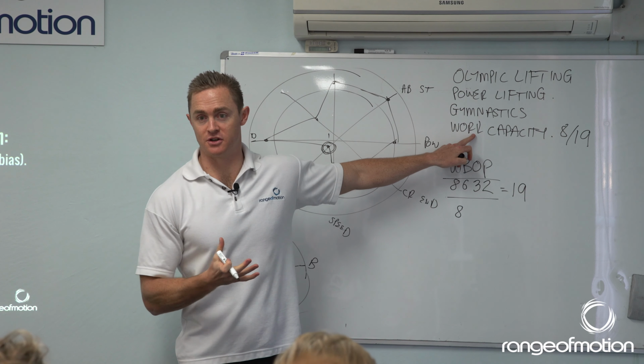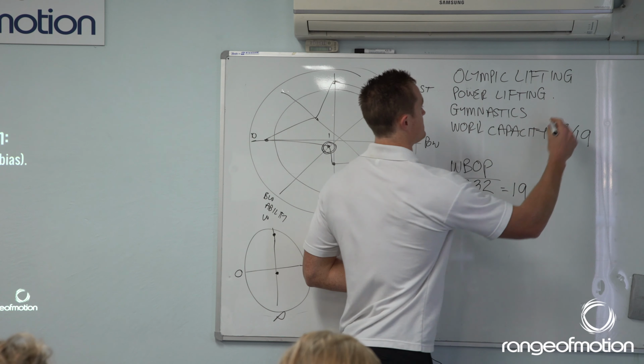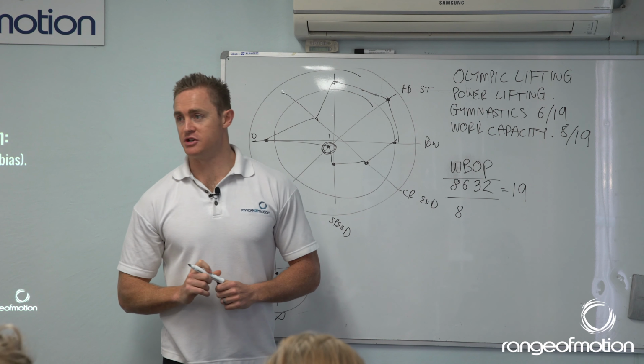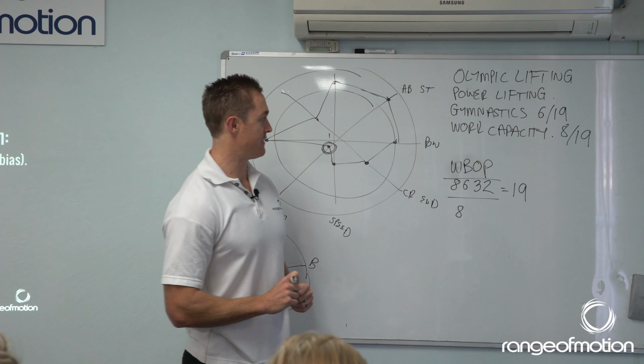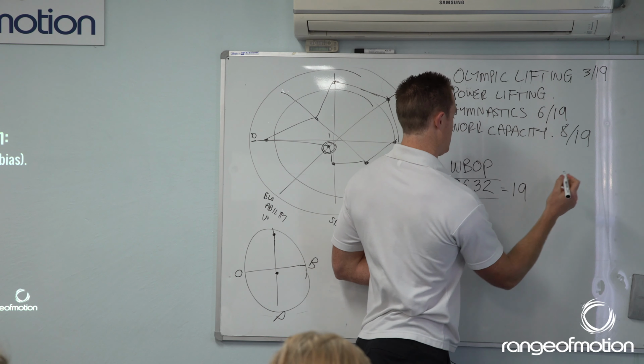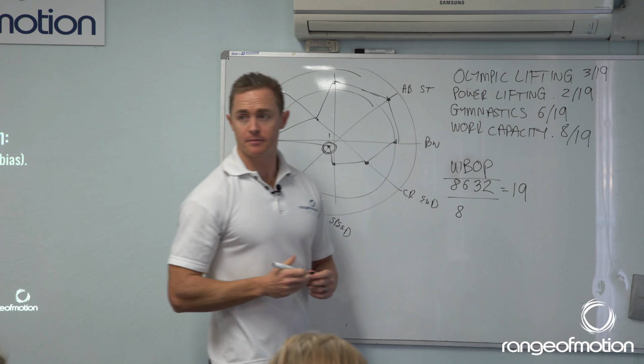See how we're closing the circle? It's starting to come together now. 6 out of 19 sessions should be focused on improving their gymnastic ability, on their body weight stuff. 3 out of 19 sessions on Olympic lifting, and 2 out of 19 sessions on their powerlifting.